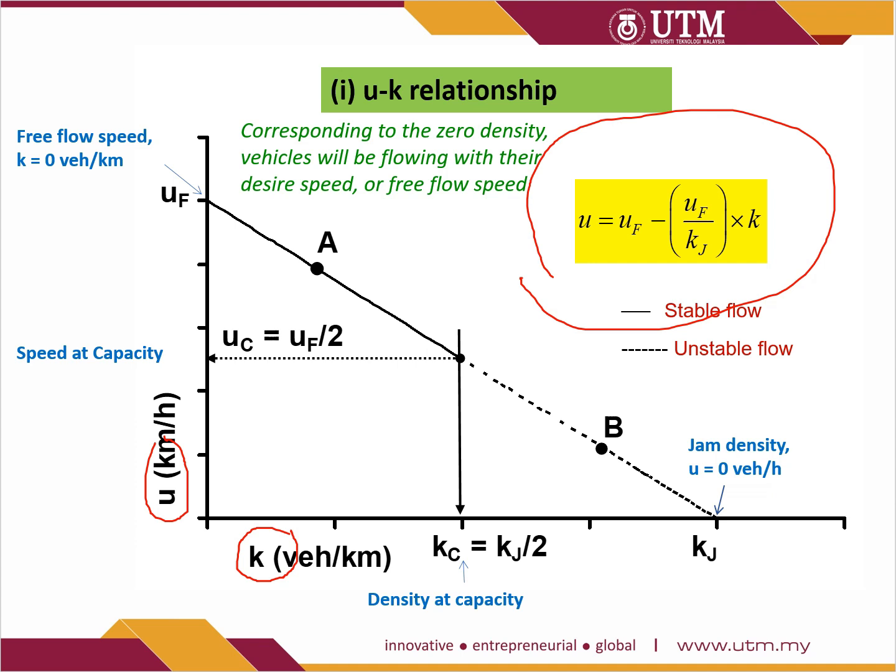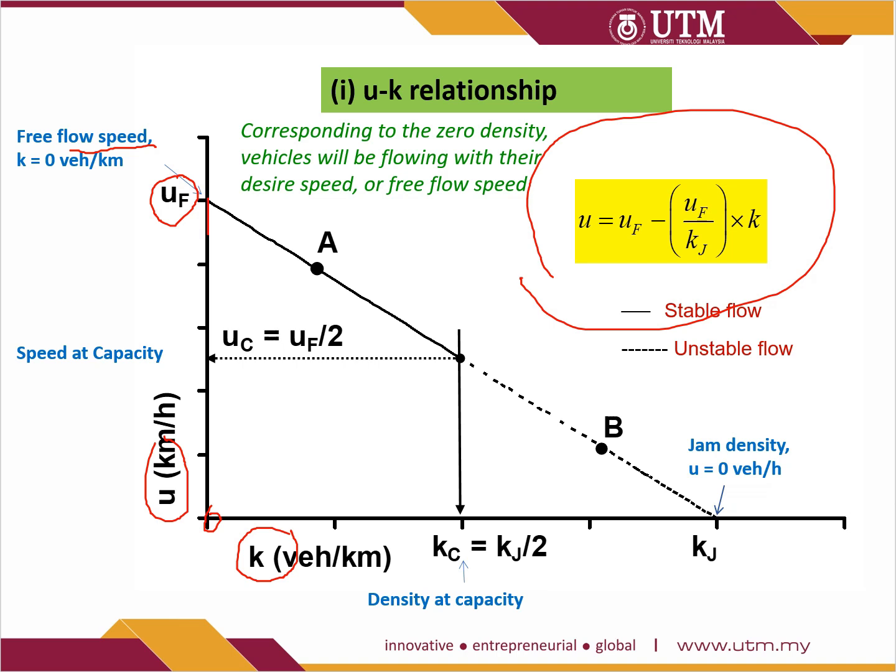We have UF, the free flow speed, which means that at zero density there is no car, so you are alone on the road and you can drive at whatever speed you want.